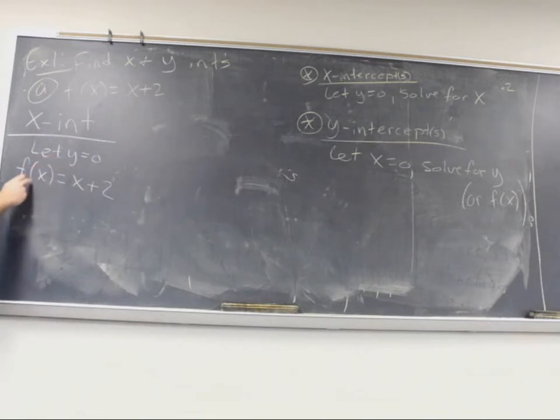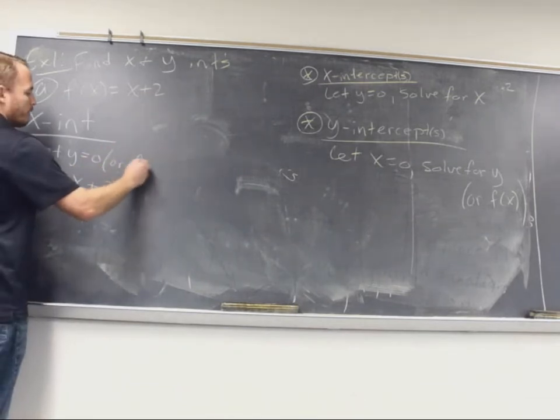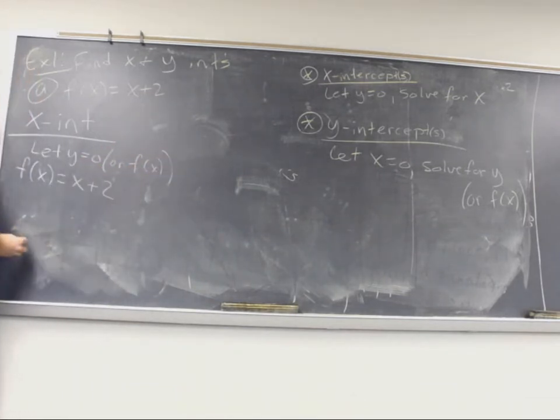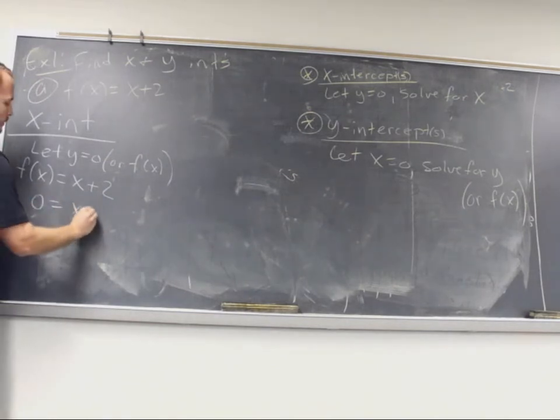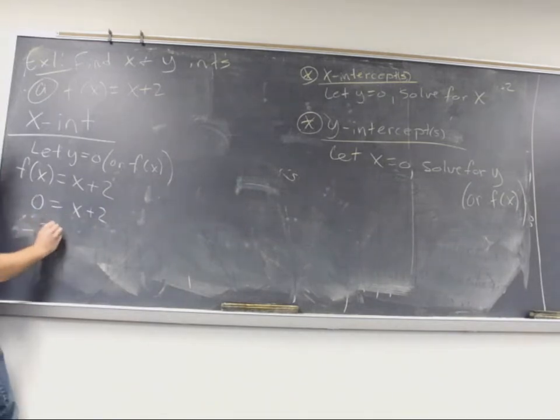So let y equal 0, or f of x. Now this f of x becomes 0, and that's equal to x plus 2. Now I just solve this for x. I subtract 2 from both sides, so I get minus 2 is equal to x.